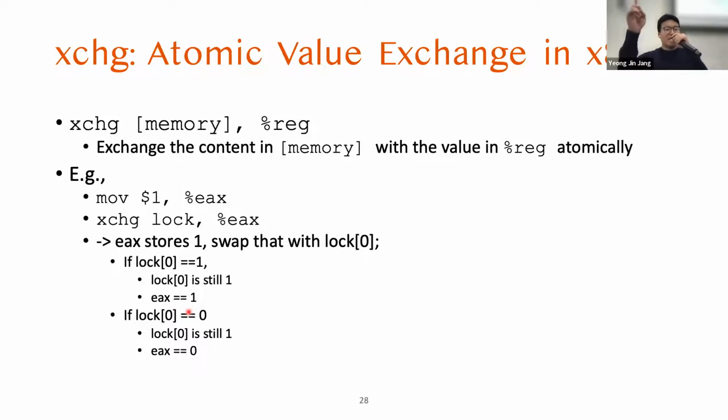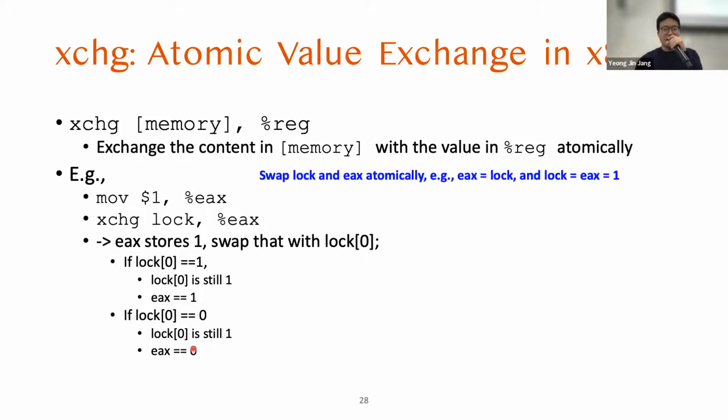Then when that instruction runs, it sets the EAX value 1 to the lock variable, so it closes the door, but the EAX value fetches the previous lock variable value. So with the single swap, we combine load and store as a single instruction, and then we can check later. The checking does not affect the synchronization. The important thing about the data race is that we need to combine load and store into one single instruction.